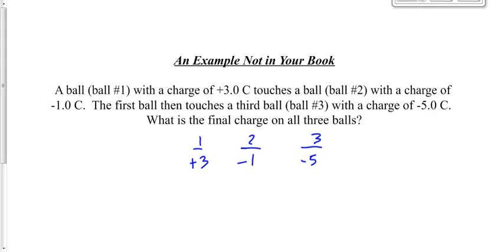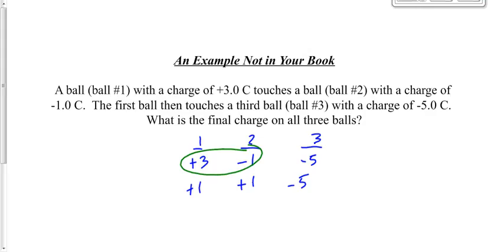Divided by 2 gives me +1. So when these two touch each other, it becomes +1 and +1. Right? The total charge between the two of them was +2. The total charge is still +2. What's the third one become? Stays -5 right now, right? Nothing's happened to that yet.